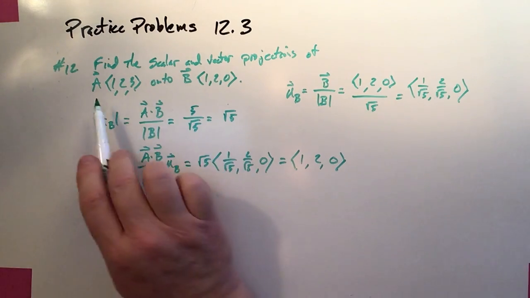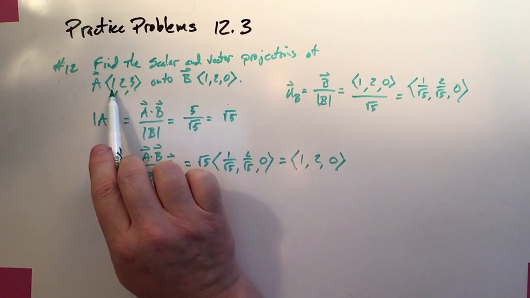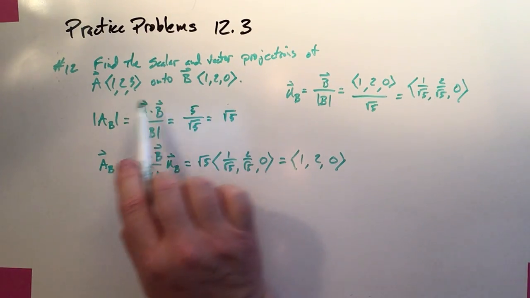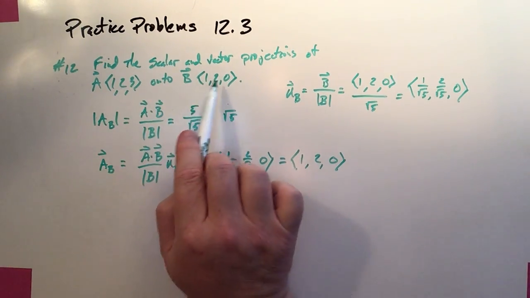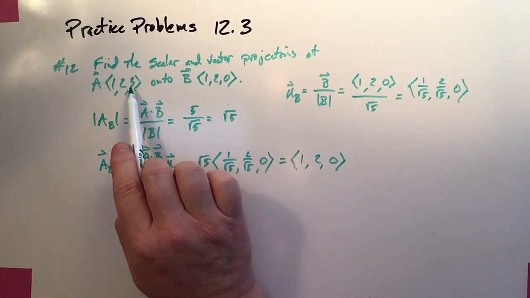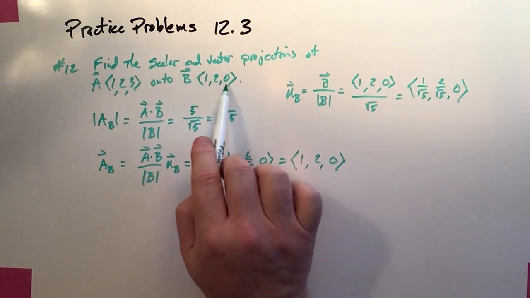And of course, if we look at the components, we can see that. Vector A was 1, 2, 3, and vector B was 1, 2, 0, which means they pointed in the same direction in the x and in the y. It's just that vector A pointed up by 3 and vector B lay in the xy plane.